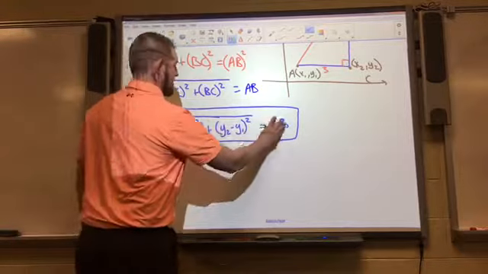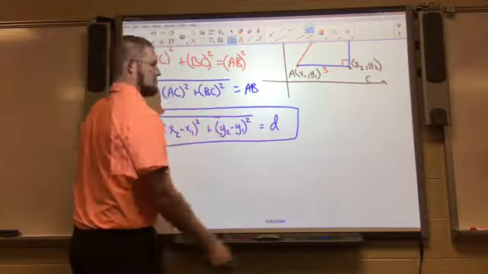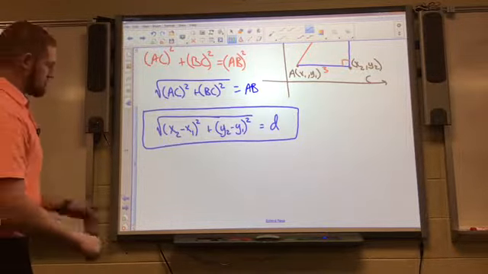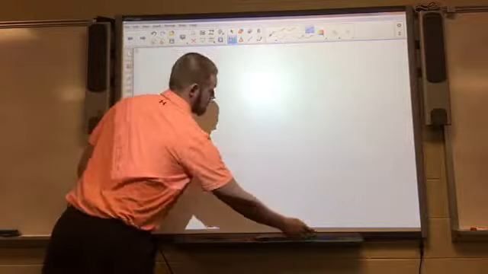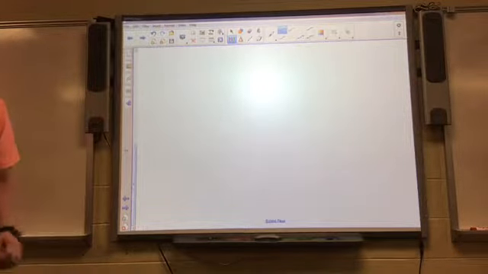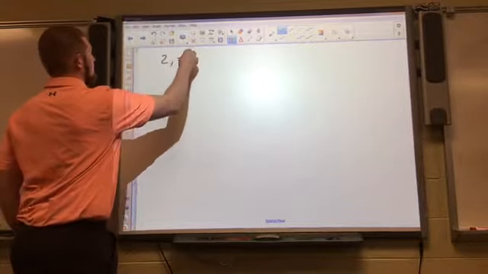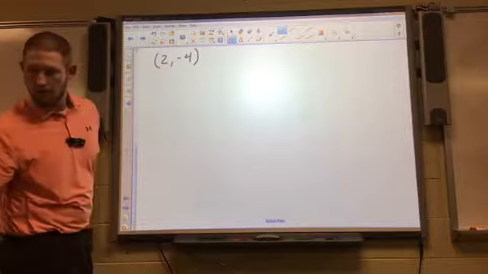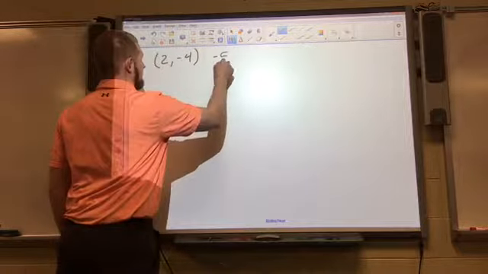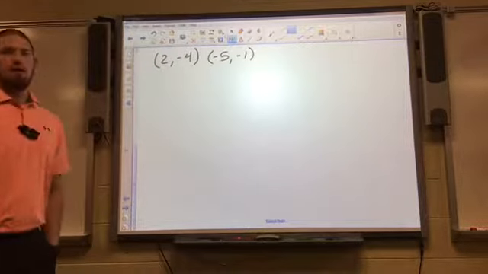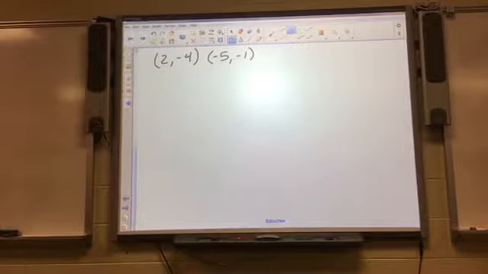In your book, in the green box, it has this as D for distance. So if I have 2 points, maybe they just give me 2 points here. I'm not going to do the same 2 that the book uses. But they give me 2, -4, and -5, -1. Should you be able to find the distance between those 2 points?